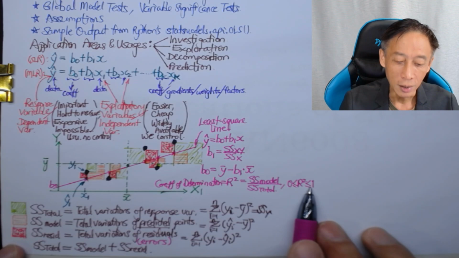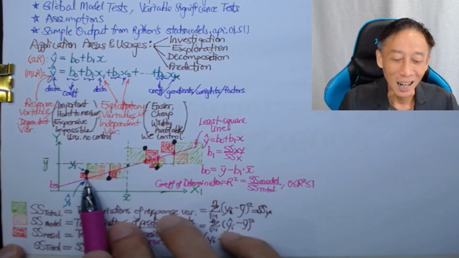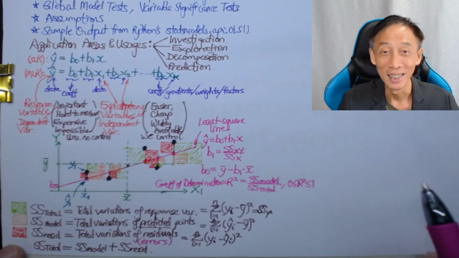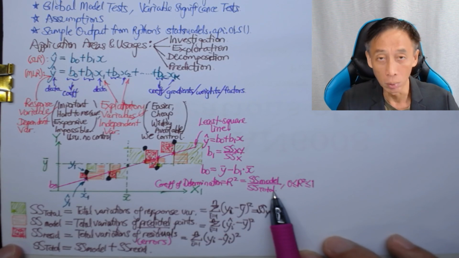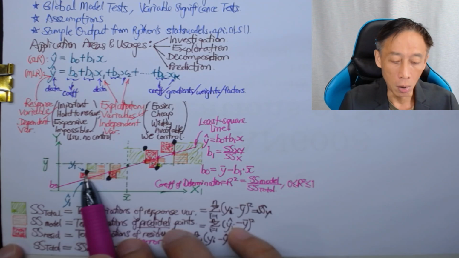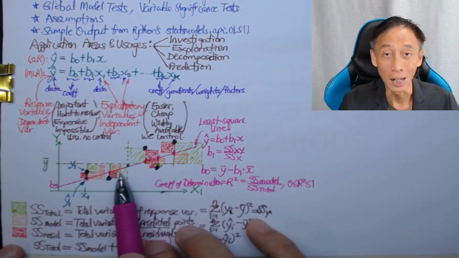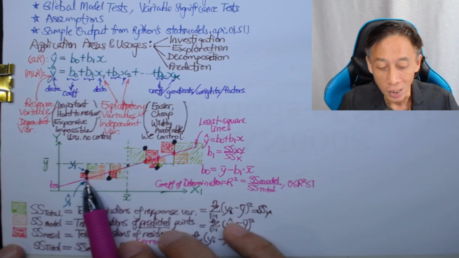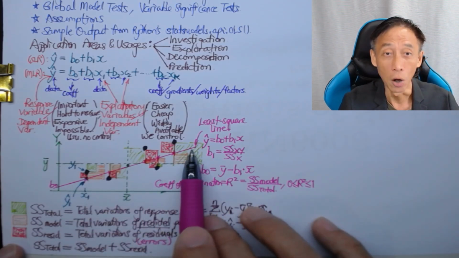If it's close to 1, very, very good. The data points hug the line. They lie basically on the line because it's perfect. SS model is equal to SS total. That is the only case when you get 1. When you get 1, all the x's are on the data points. And for that to happen means the data points originally already form a line.